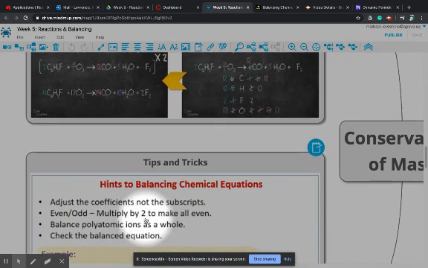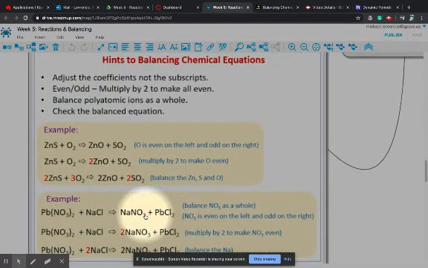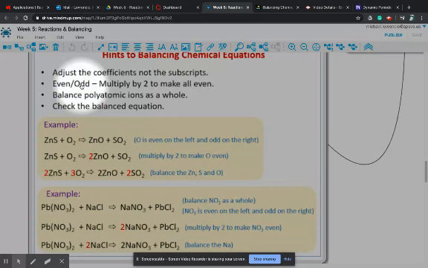Okay, when you're looking at reactions and going to balance them, a couple of tips and tricks. Make sure you're adjusting the coefficients and not the subscripts. If you have even and odd numbers, try to get them even. So for instance, in this zinc sulfide and oxygen example, we have 2 oxygens, and then on the right we have 2 plus 1, so 3.